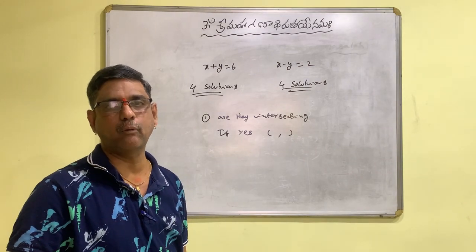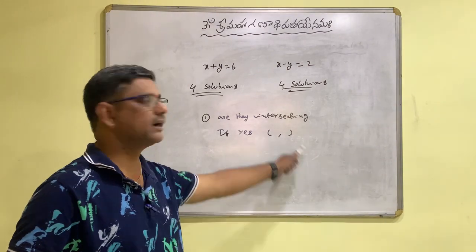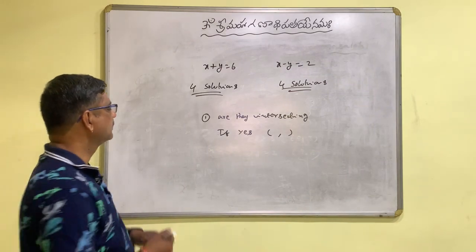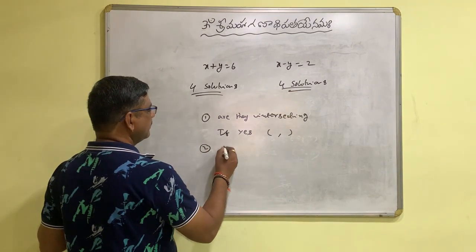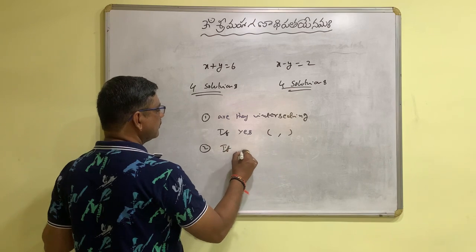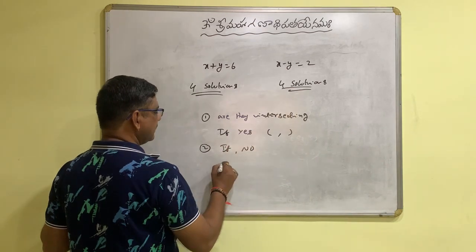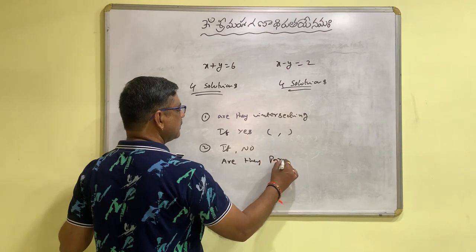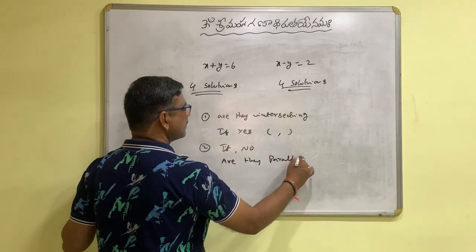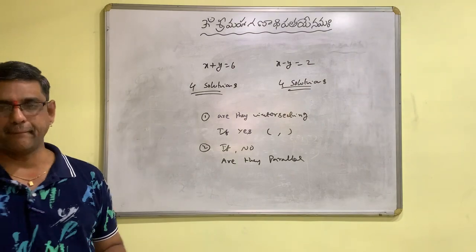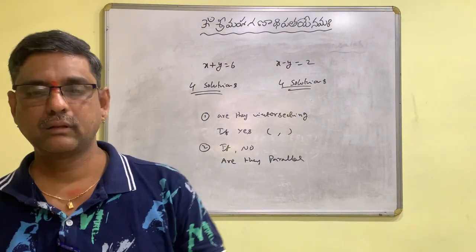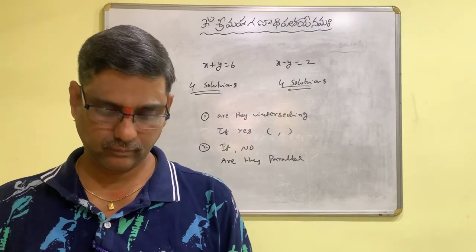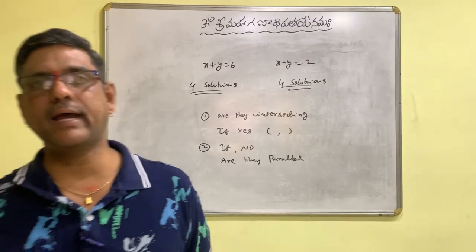Means you need to tell the point. What is the x coordinate and what is the y coordinate? Second question, if no, means they are not intersecting, are they parallel? That is also you have to say. Okay, do it. I am giving you the time.